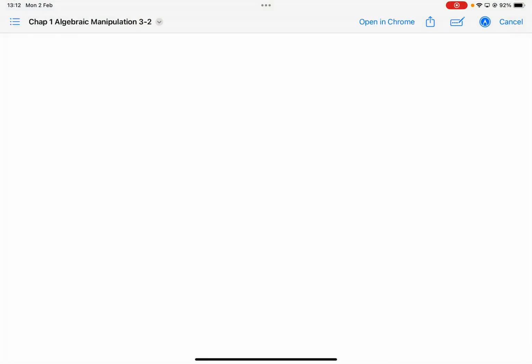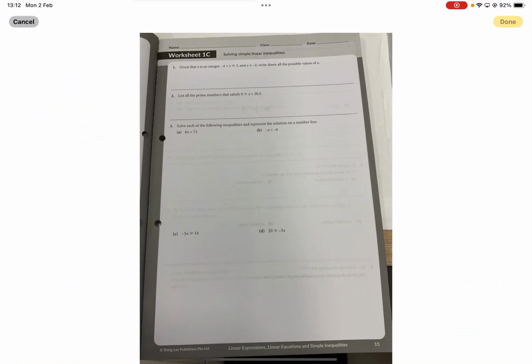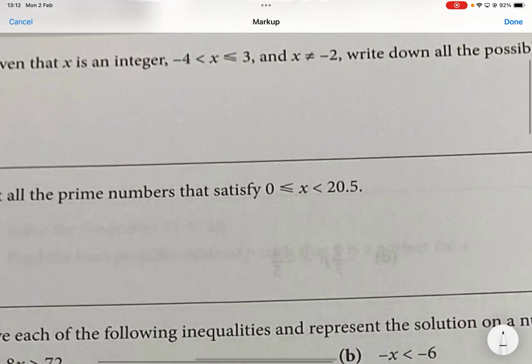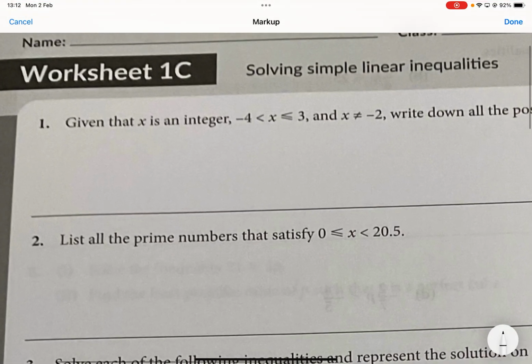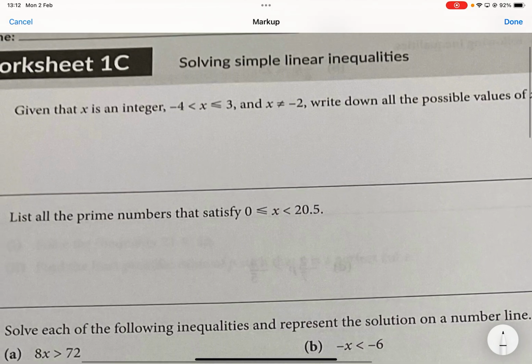One C. Page 15. Okay, when we read the question, they tell us x is an integer. x must be a whole number.